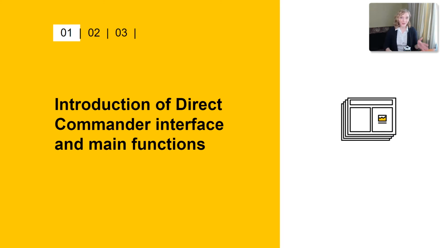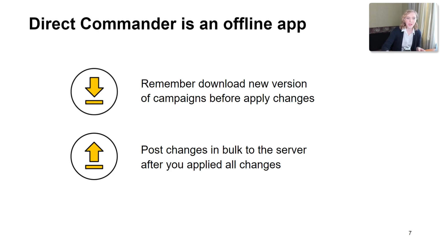Let's dive into our first part and talk about Direct Commander. But before we switch to the real Direct Commander interface, I want to chat a little bit about basic things which you have to understand about Direct Commander. The first thing which is really important to know: Direct Commander is an offline app.